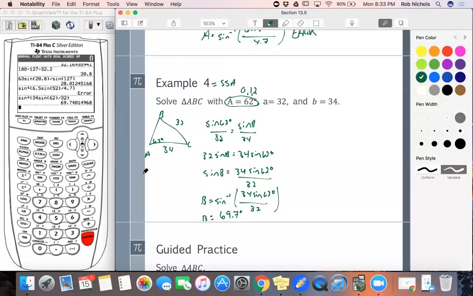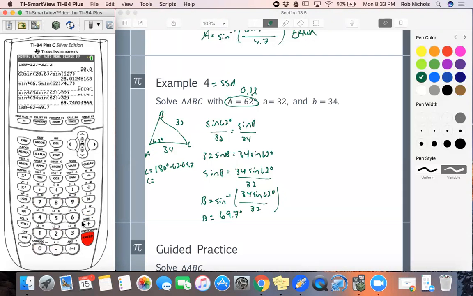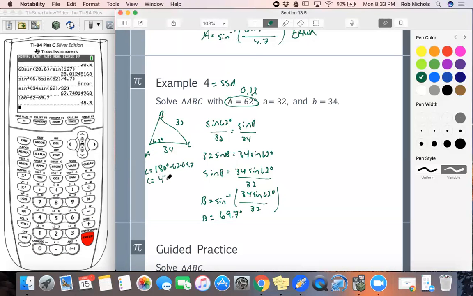If that's one solution, then angle C is going to be 180 degrees minus 62 minus 69.7. So 180 minus 62 minus 69.7, and I get 48.3. That looks good, all valid.